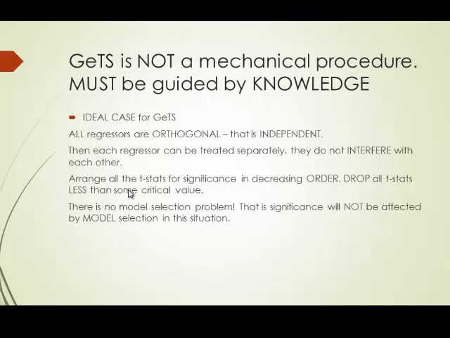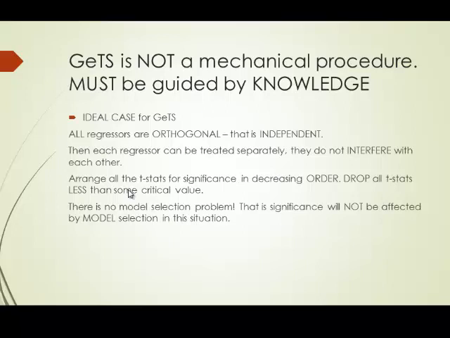One is the constant term and one is the error correction term. And these two are multicollinear because the error correction term doesn't vary too much, so it's like a constant. So when you put in both the constant and the error correction, then the constant is significant and the error correction is not. But in reality, which is established if you take more data, the error correction term is significant and the constant is not.